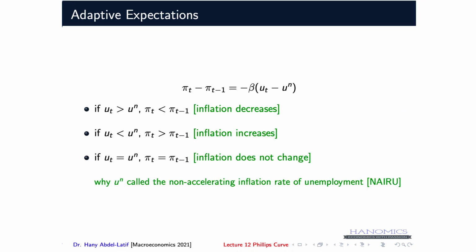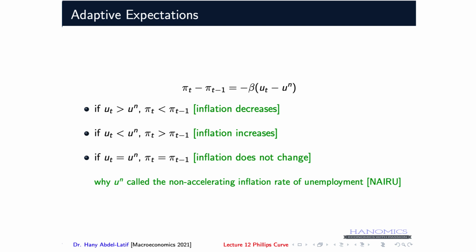Now we're moving to what this relationship tells us. Based on that adaptive expectation mechanism, or the way people may form their expectation about inflation in time t, what does this tell us? If the actual unemployment rate is higher than the natural rate of unemployment, meaning that we have positive cyclical unemployment, then the inflation in time t will be less than the inflation in time t minus 1, which means inflation will decrease.